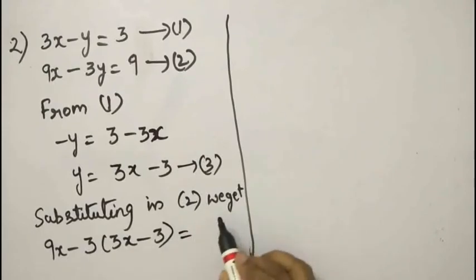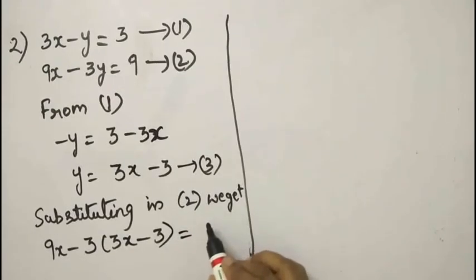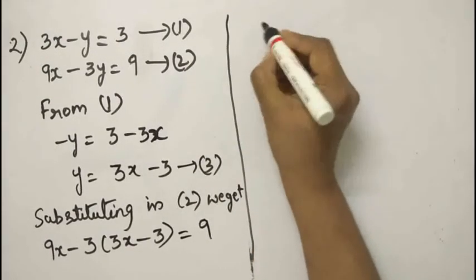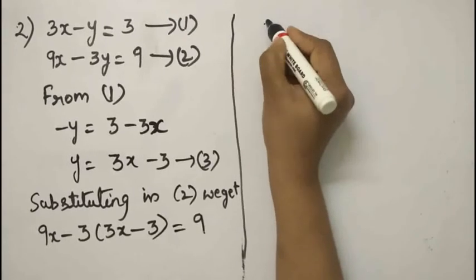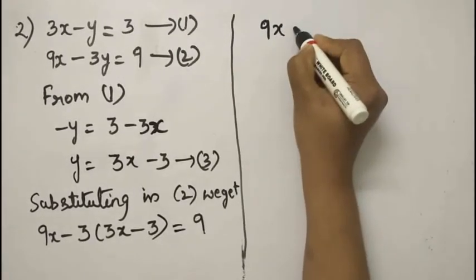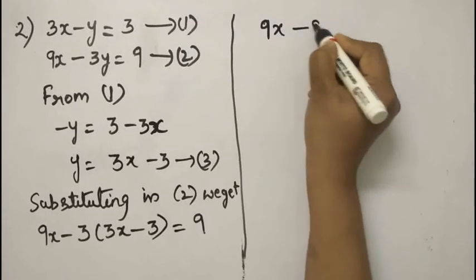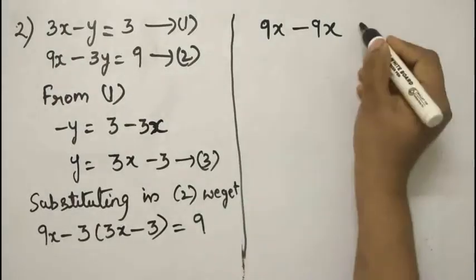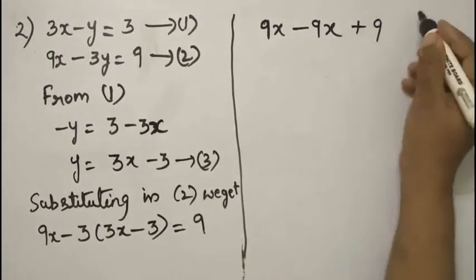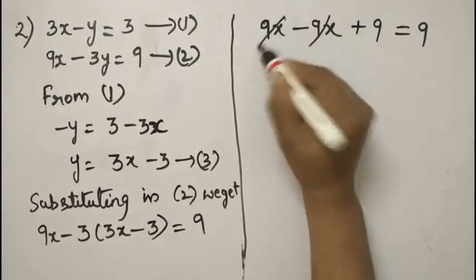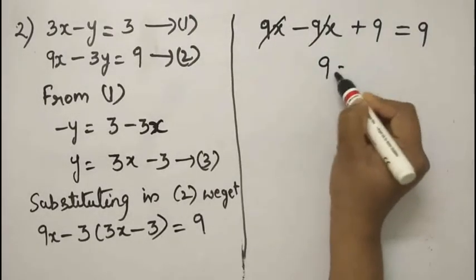This is equal to 9. So 9x minus 3 into 3x is minus 9x, minus 3 into minus 3 is plus 9, equal to 9. So these two get cancelled. You will get 9 equal to 9.